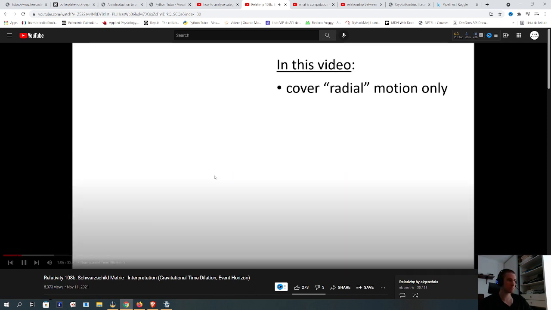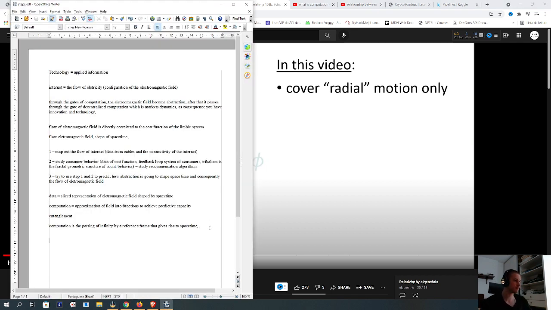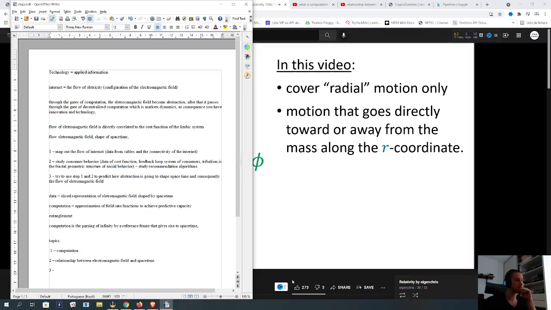In this video, I'm only going to cover radial motion near the mass, so motion that goes directly toward or away from the mass along the r coordinate.